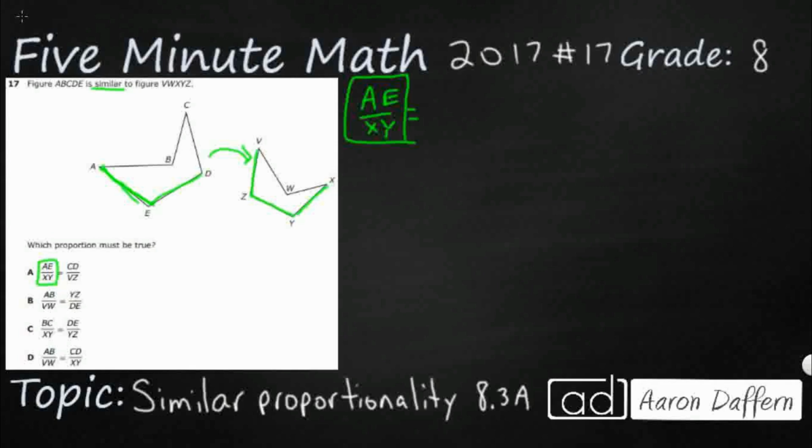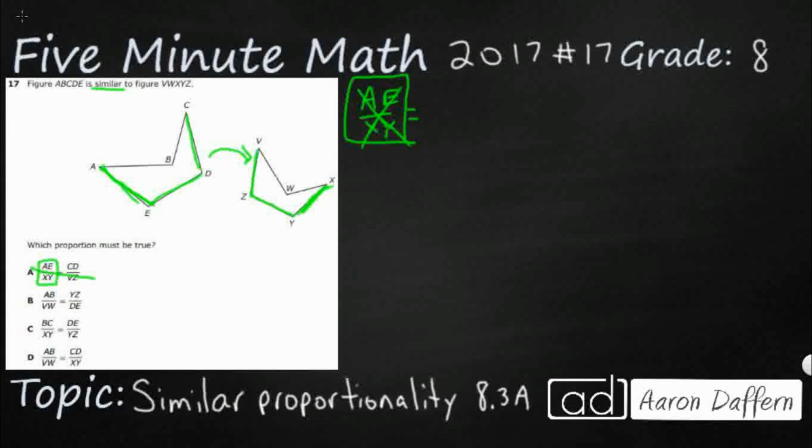Or if you stay within the same shape on this first fraction, then you could do whatever you want to. But if you go across fractions, they need to be the same corresponding sides, and so it doesn't really matter what the rest of this is. AE and XY, they don't work because they don't match up. This XY is not the same as the AE. The XY matches up with that CD right there. All right, so we can just skip figuring that one out.